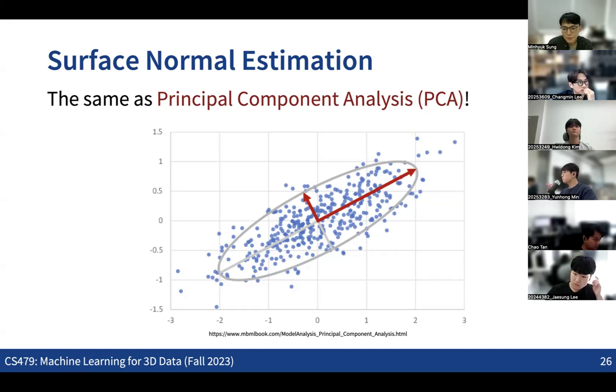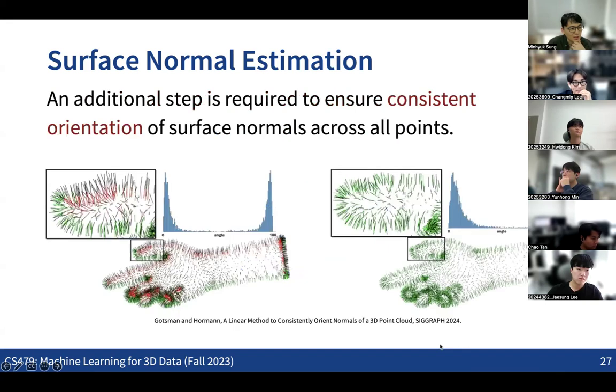Yeah. Obviously there might be issues in terms of noise sensitivity, like how we are going to handle noise in the point cloud, which is another issue. But one thing I wanted to bring up is that typically the surface normal is defined in a way that also defines the inside and the outside of the surface.